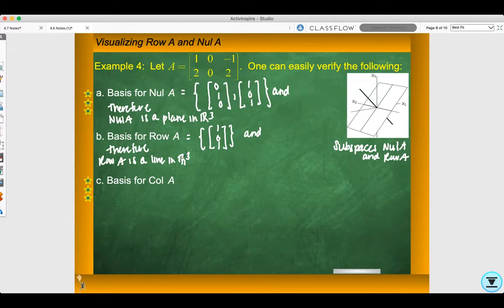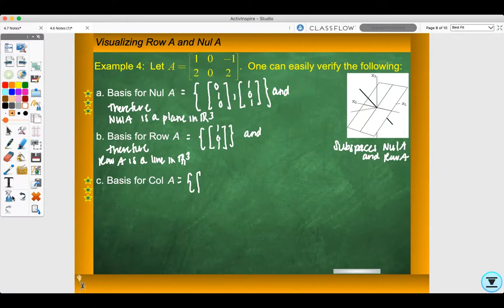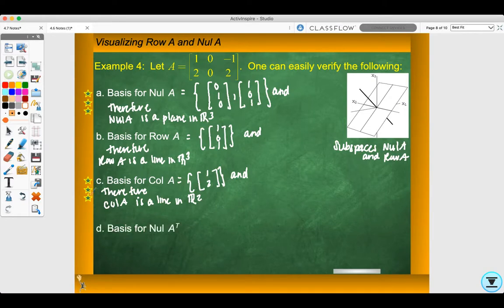The basis for Col A would be 1, 2. And therefore, Col A is a line in R2. The basis for Null A transpose is -2, 1.